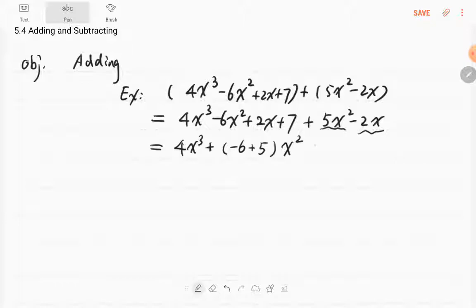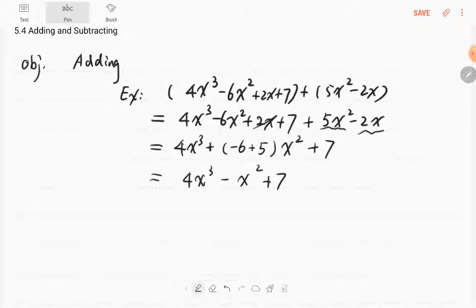So we could just skip this part. So the last one is just the constant part. So we simplify it. -6 plus 5 with -1x squared. So we can just write -x squared. And don't forget the constant.